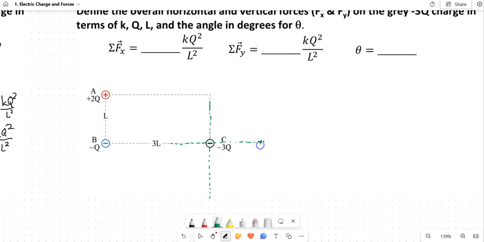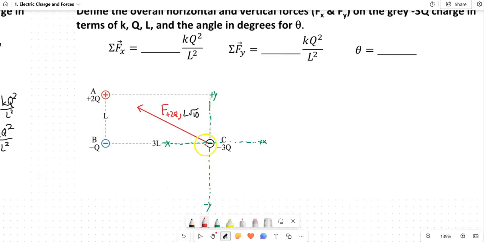Label it positive x, negative x, positive y, negative y. Okay, here we go. Let's try it out. So again, we're going to have our positive 2q acting on our negative 3q charge, pulling it up towards it. And this was F positive 2q. And we'd already worked out that that was L square root of 10.